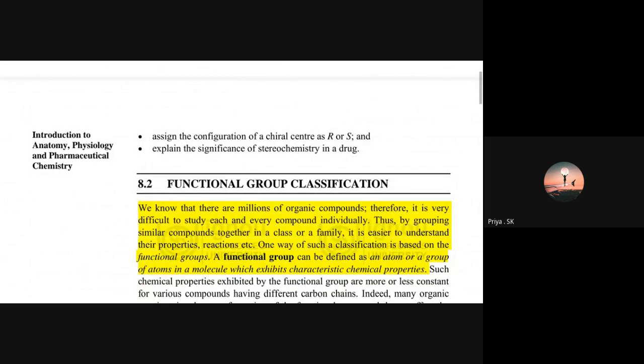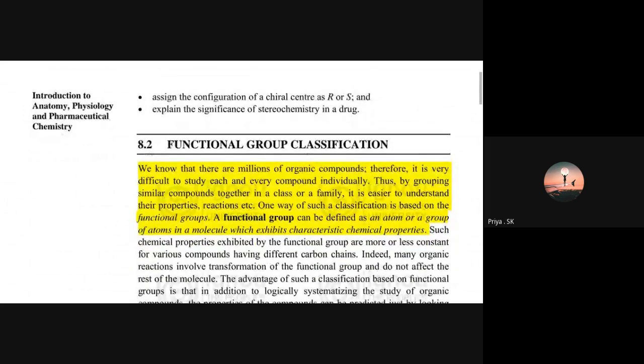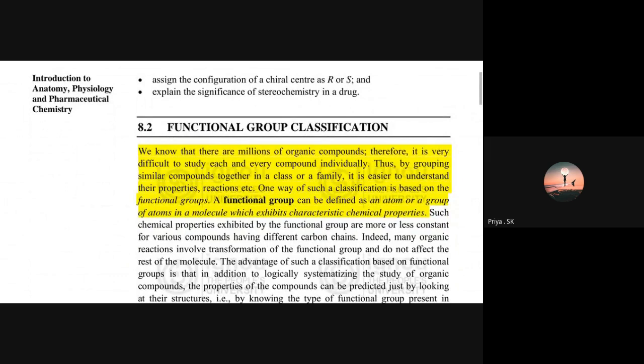Now, functional group classification. We know that there are millions of organic compounds. Therefore, it is very difficult to study each and every compound individually. Thus, by grouping similar compounds together in a class or a family, it is easier to understand their properties and reactions, etc. One way of such classification is based on the functional group.